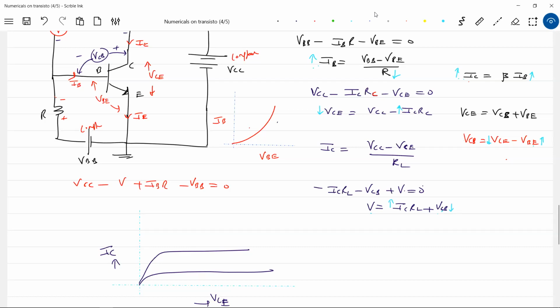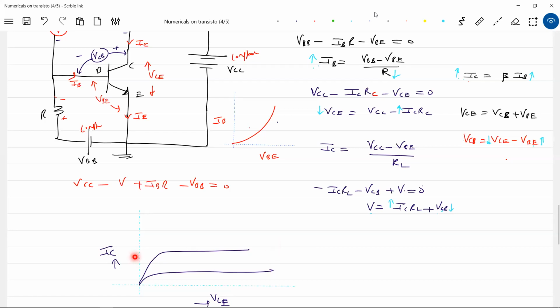The effect of this will be negligible, usually. The effect of this reverse bias will be very negligible on this particular thing, because according to the graph, as you increase IB, IC increases.